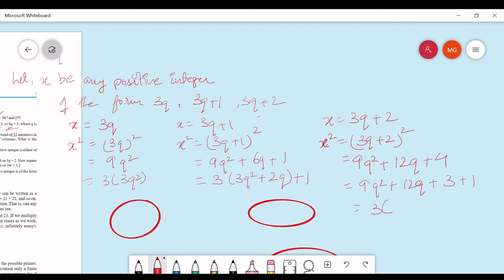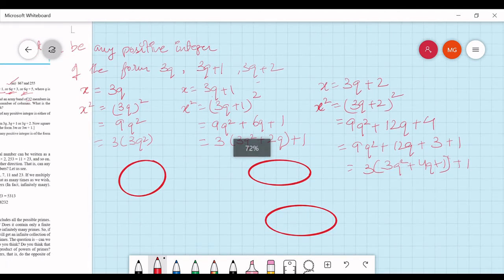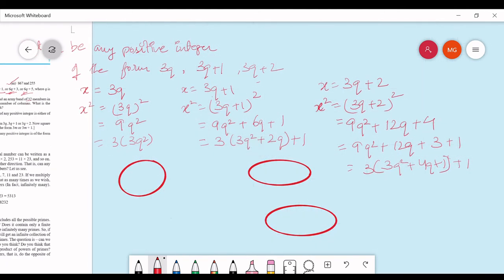Now again I can take 3 common, so this will be 3 times 3q square plus 4q plus 1, and the bracket closes, plus 1, right? Please don't mind my handwriting. I am facing trouble in handling this digital pen.